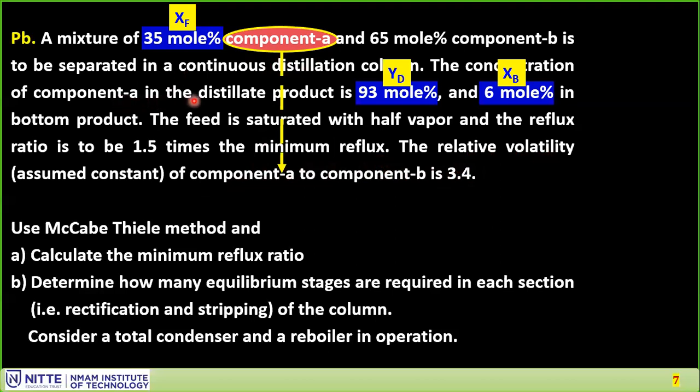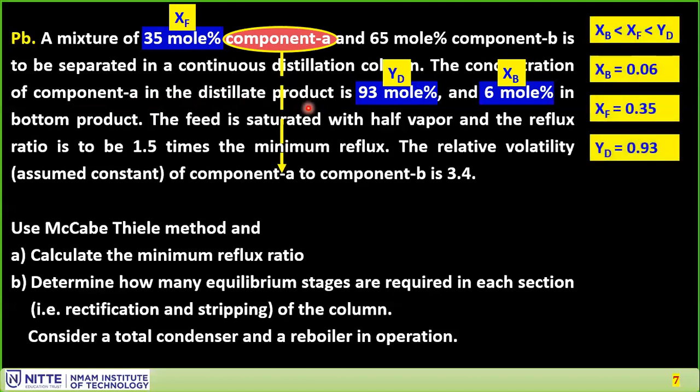Component A concentration in the distillate is 93%. So component A is very rich in the distillate product. That means the more volatile component will go to the distillate, right? So component A must be the more volatile component. So let's write down the values. You observe that the bottom product concentration is the lowest, the distillate concentration is the highest, and the feed comes in the middle.